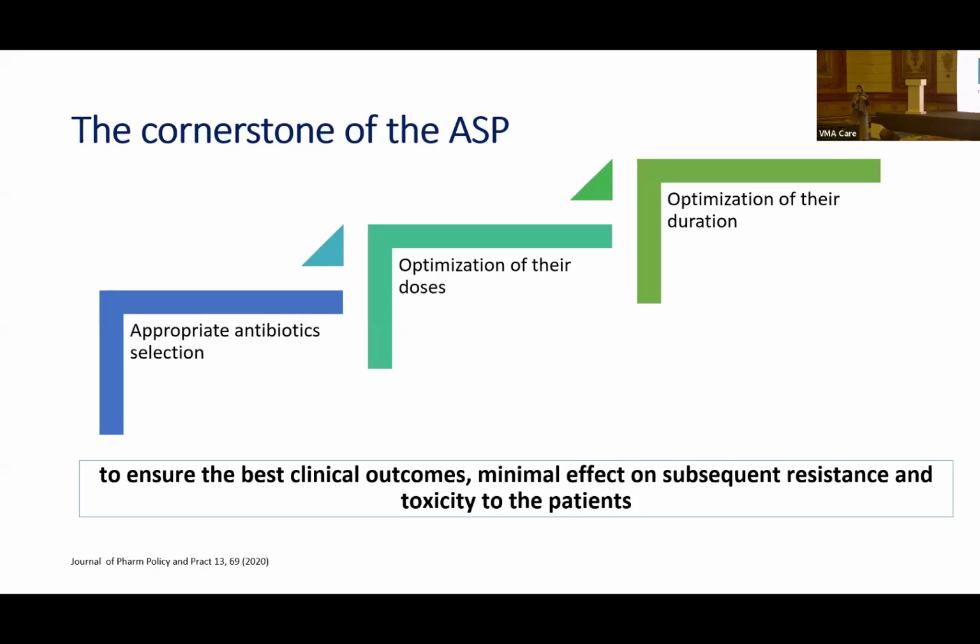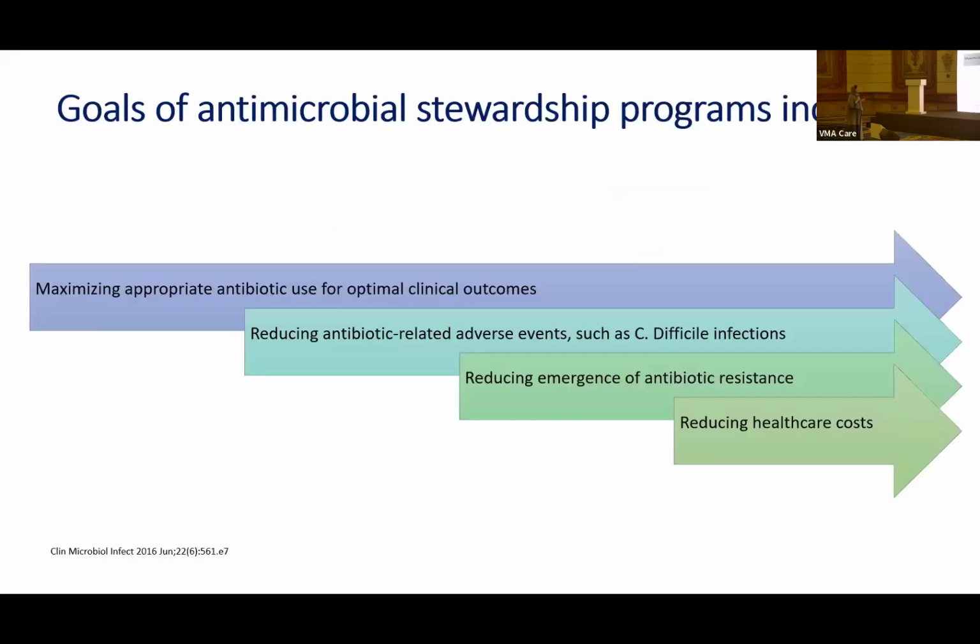And again, we're using different types of antibiotics and adding selective pressure on antimicrobials. So this is why it's important: selection, dosing, duration. You're always going to see this when you're reading the local guidelines in your hospitals. They focus not only on selection; they also focus on duration and doses.